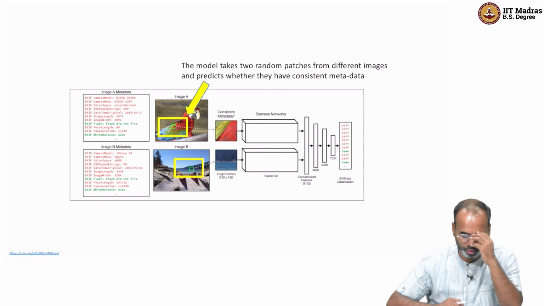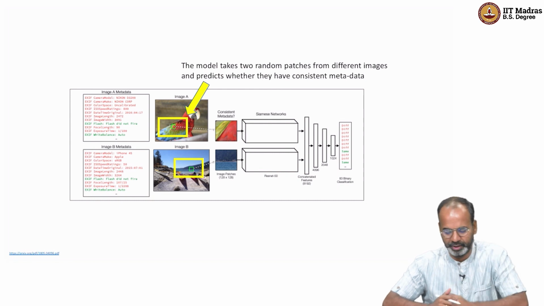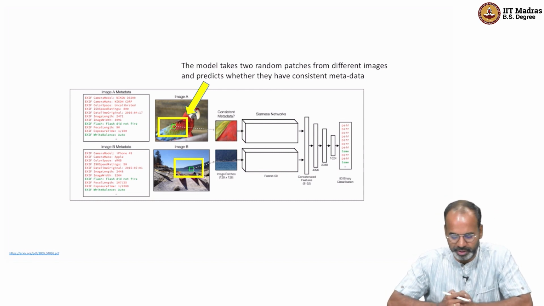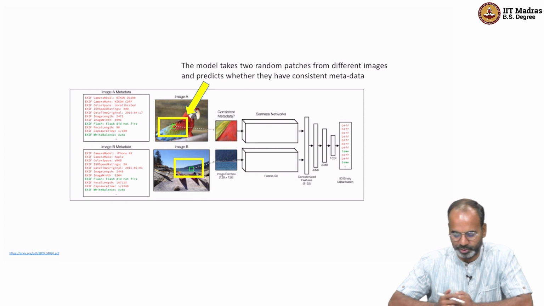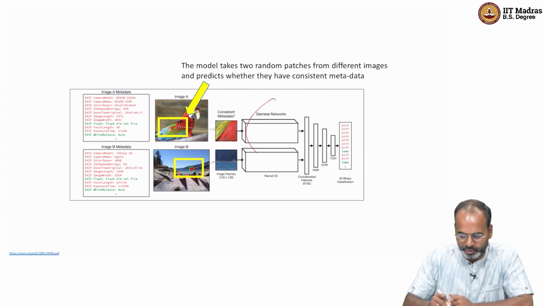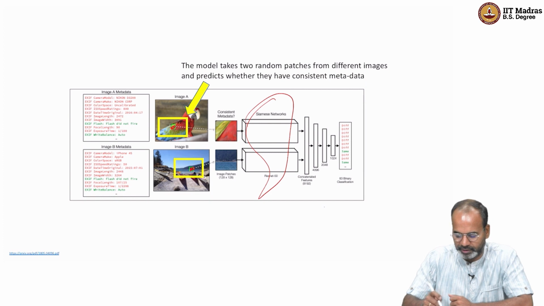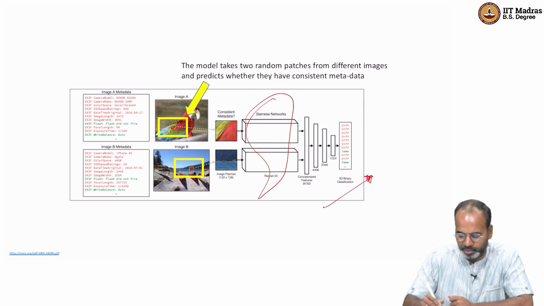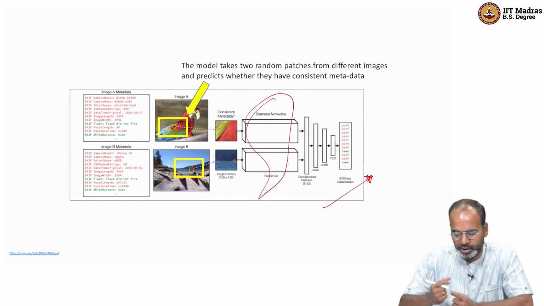The model takes two random patches from different images and predicts whether they have consistent metadata. So that's what they do. They take this part of the image, this part of the image. Of course, they use CNNs and ResNet 50, and then they finally predict whether these two parts that are picked have consistent metadata.